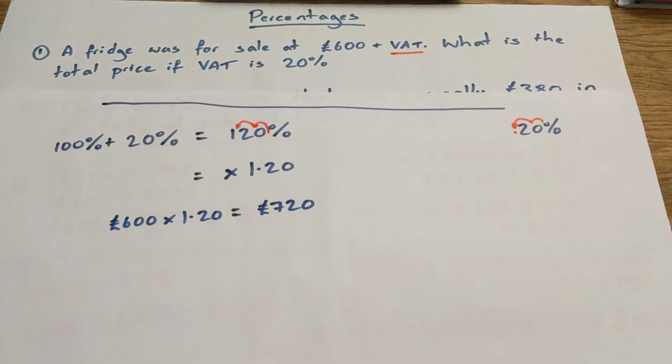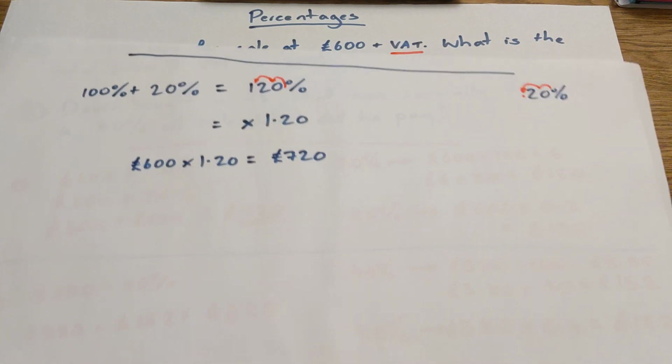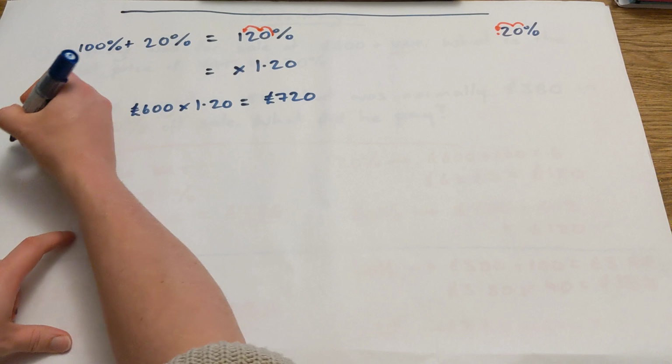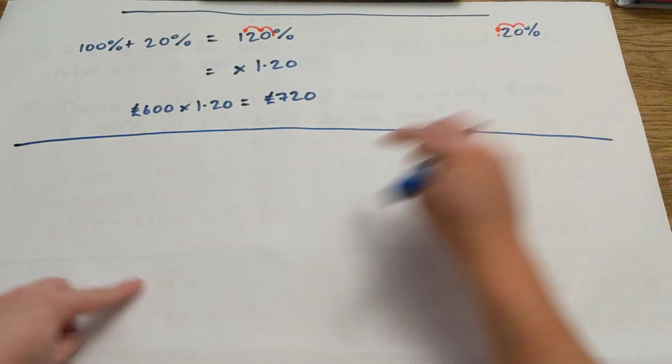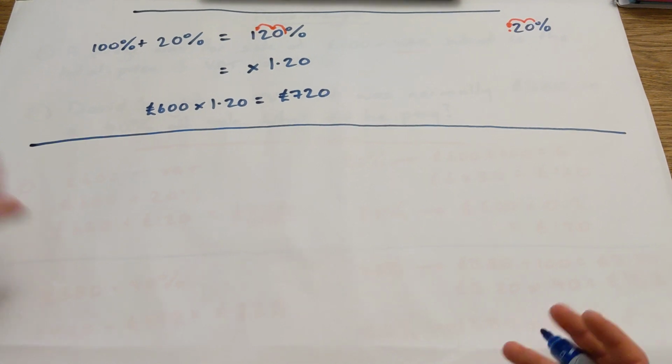Now like I said, you don't need to do this way, but it can make things a little bit quicker. You just need to be able to recognize what it is. So what I'm going to do is just pop down some example percentages and what that would be in decimal form and see if you can follow along.